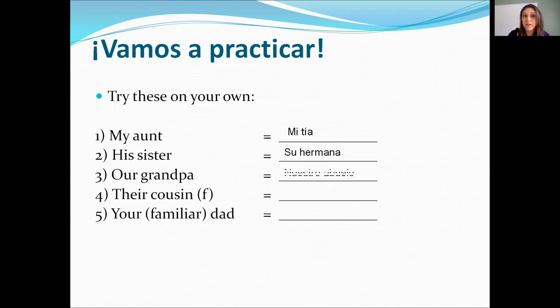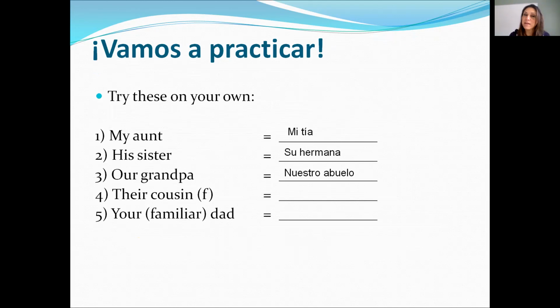So then what would their cousin be? And the cousin is a female. Nuestra. No, it's their. So you need to look at the form of their. Sus primas. Okay, but it's their cousin.